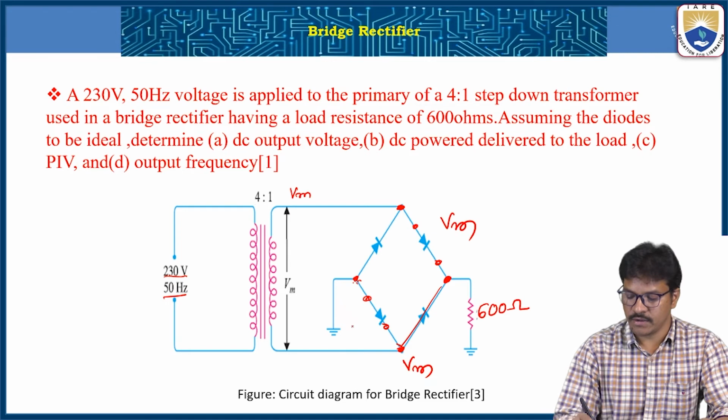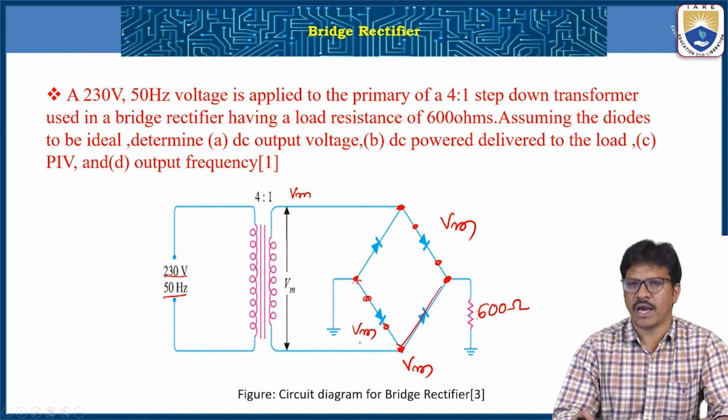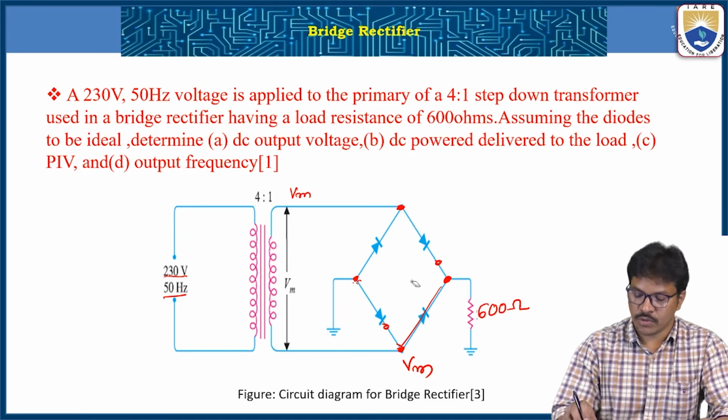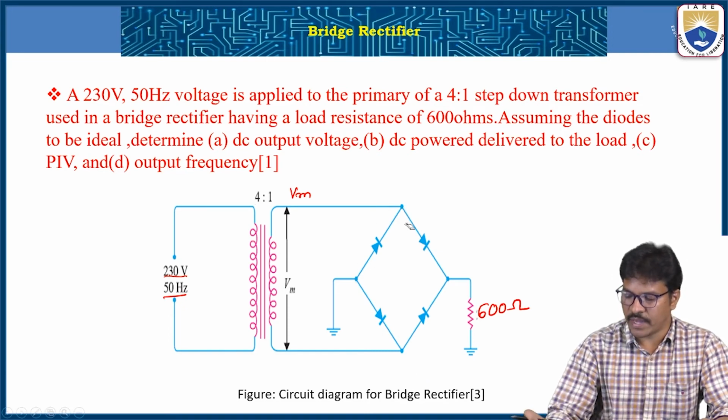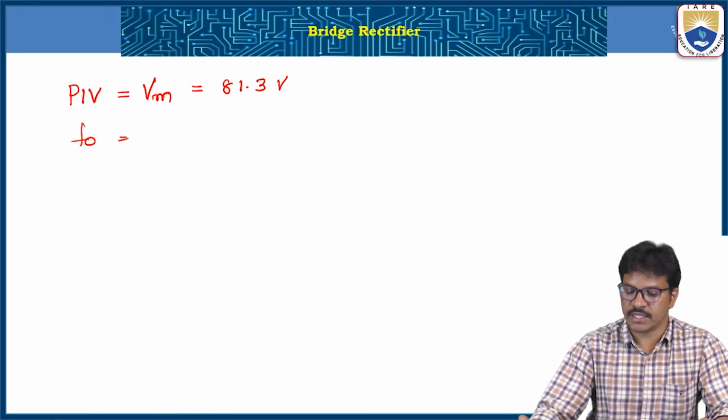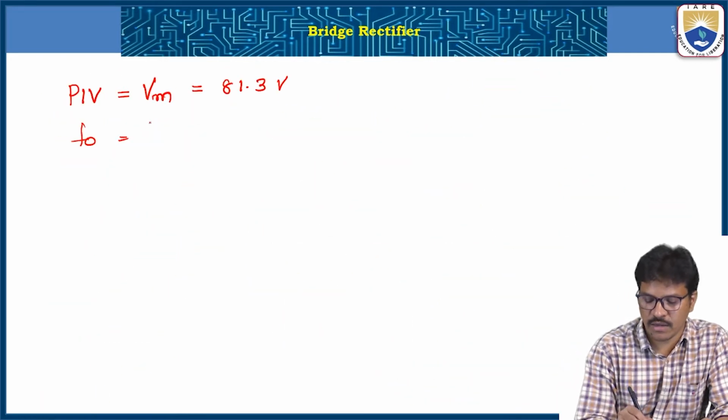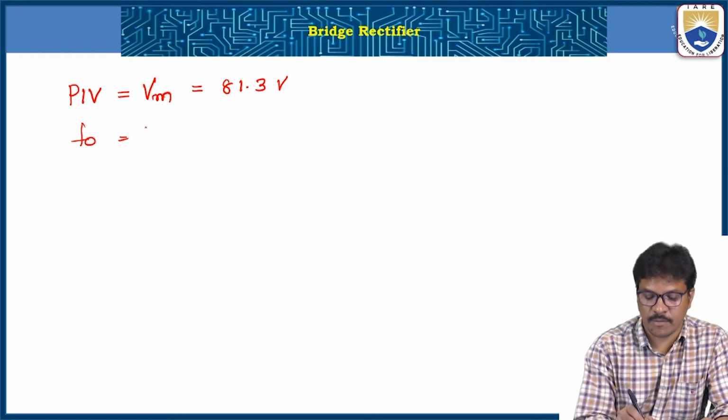So in parallel, voltage is same. During the positive half cycle and the negative half cycle, in both cases only Vm exists. The peak inverse voltage across the reverse bias PN junction diode is Vm only. That's why peak inverse voltage is 81.3.